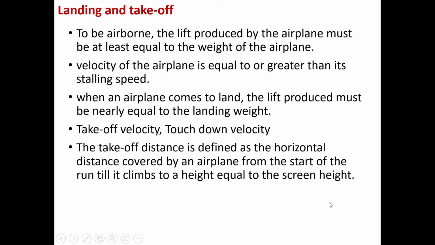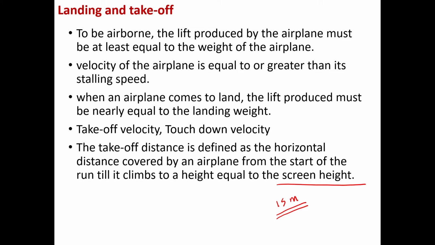Keep in mind that the takeoff distance is defined as the horizontal distance covered by an airplane from the start of the run until it climbs to a height equal to the screen height. The screen height is an arbitrary height that we have chosen, as tall as a 5-story building, so essentially 15 meters.